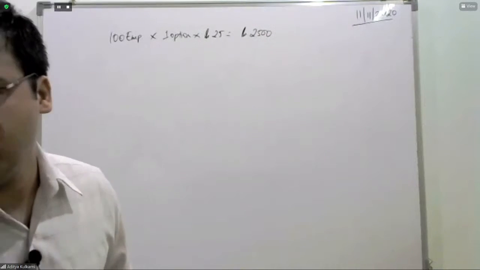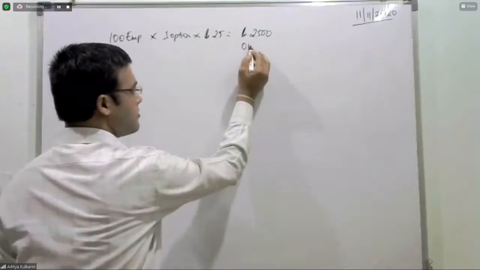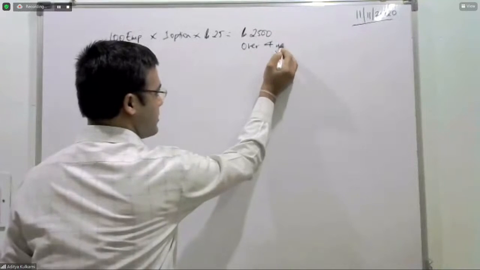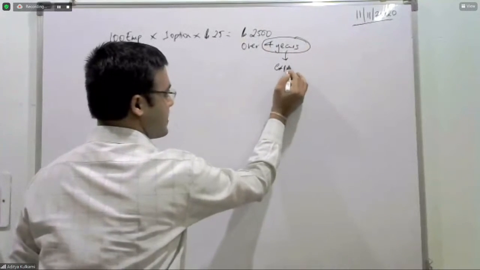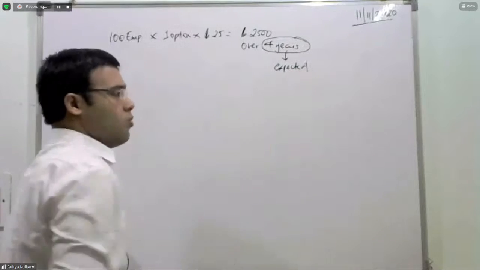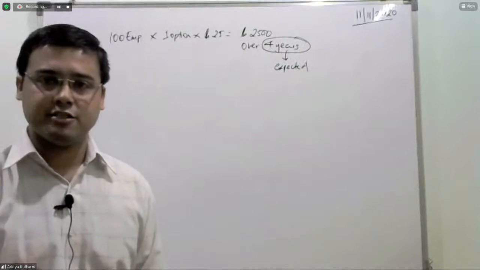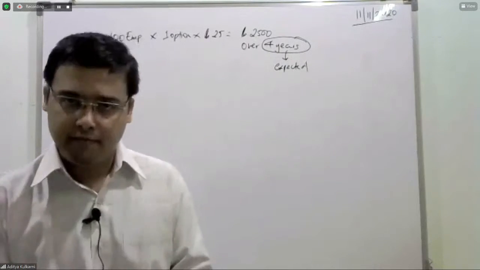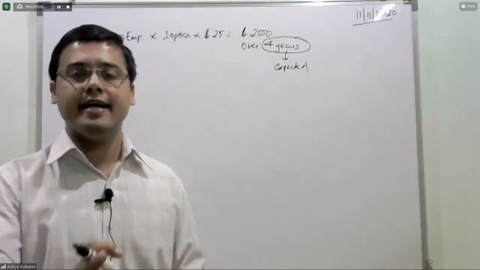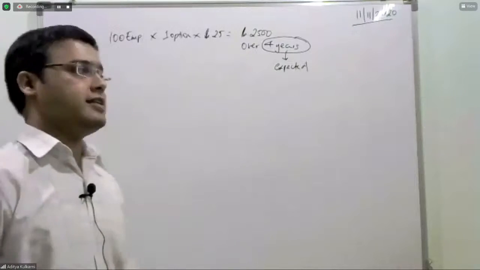So your total compensation cost is 2,500 over how many years? Over 4 years. This 4 years, my friends, is expected. What is your service condition? To remain in employment till the market condition is fulfilled.